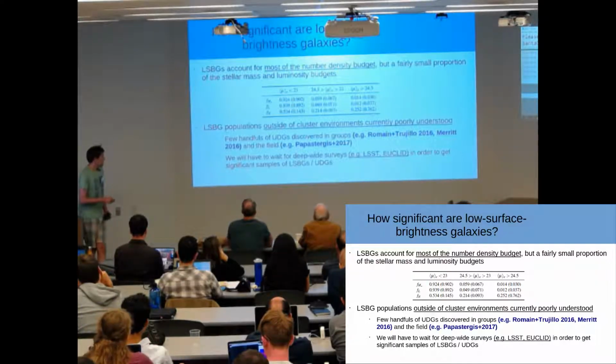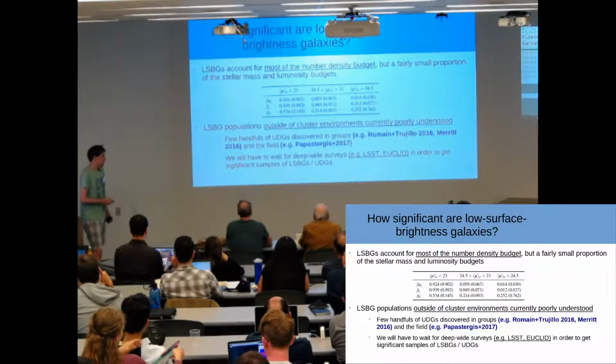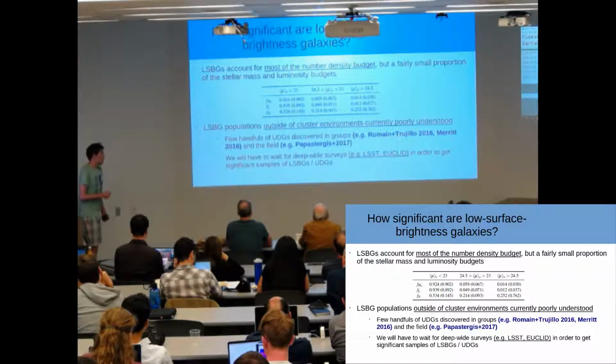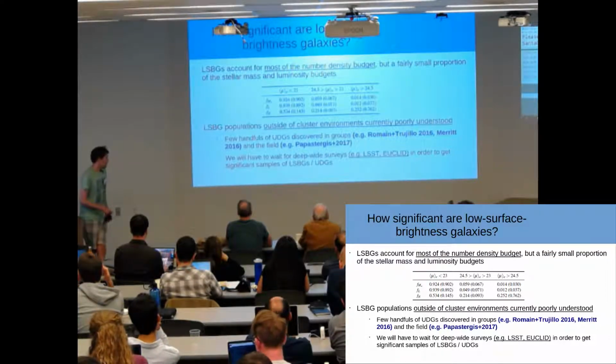Low surface brightness galaxies outside of cluster environments are currently fairly poorly understood observationally. There aren't many examples observed outside of clusters, very few in groups or the field.